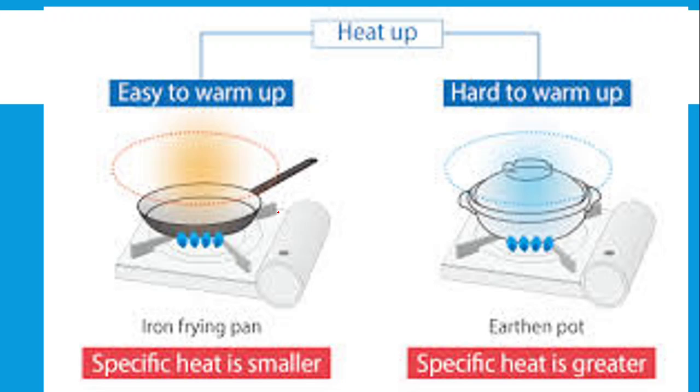And we have pots, or ceramics, or earth pots, in which we keep our food to keep it warm. They have higher specific heat, so that basically means they require higher heat energy to get a temperature rise of some specific amount.